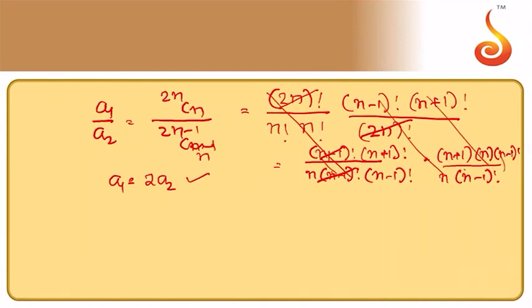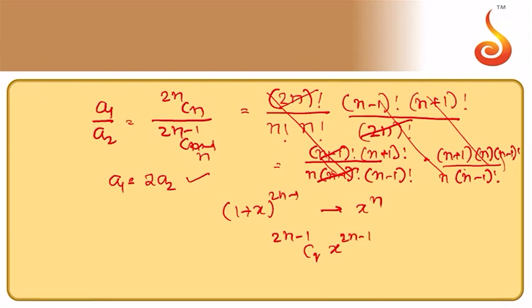So A2 will be 2n minus 1. We have to find the coefficient of x to the power n. Sorry, it will be 2n minus 1 Cn that will come. So this will cancel. I'll write it once again. This is 2n Cn by 2n minus 1 Cn. Why?